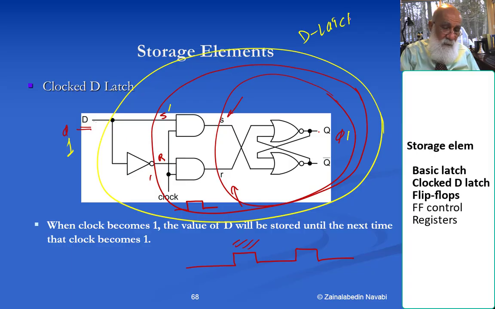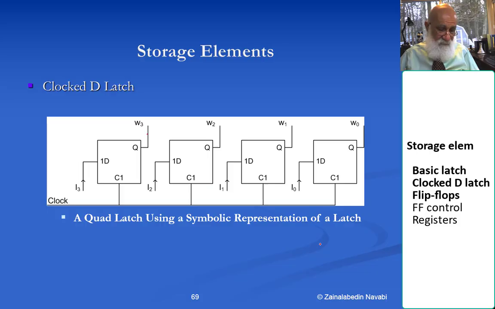It is a clocked D-latch, meaning that at the time of the clock, it holds the value of D in the output until later on that I give it another clock pulse, okay, and then it's overwritten by new data. So that's a good memory element. It's called a D-latch. It's called a clocked D-latch.